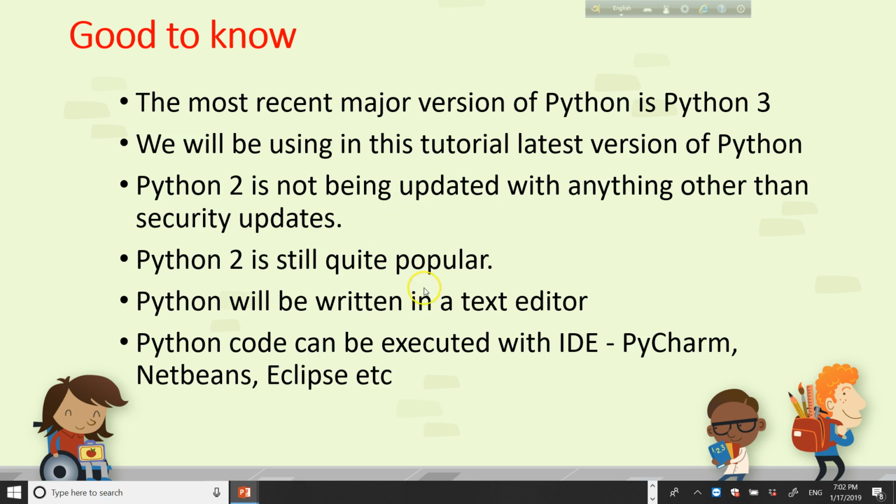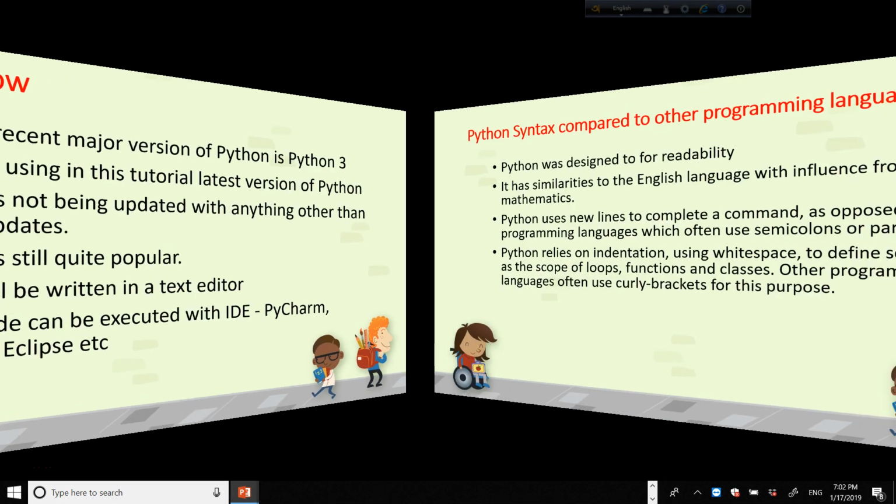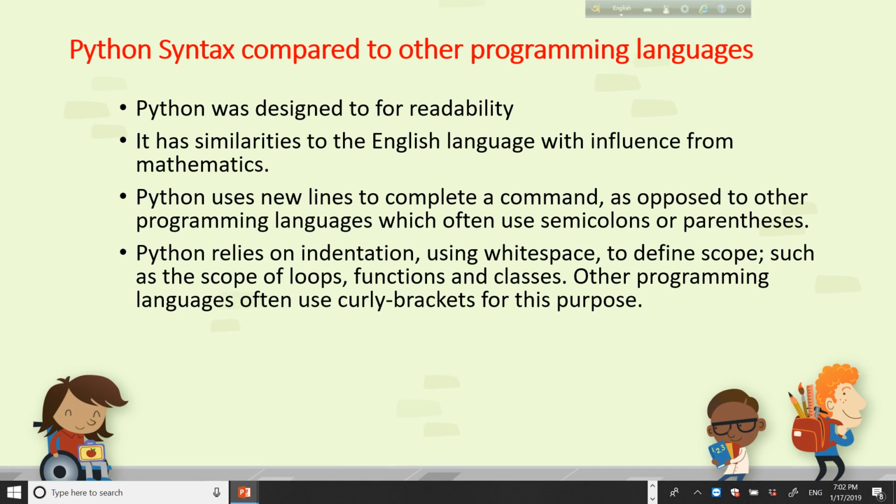Python can be written in a text editor, and Python code can be executed with an IDE. In the last class I told you IDE means Integrated Development Environment. It can be PyCharm, NetBeans, Eclipse, and some more. Now, Python syntax compared to other programming languages is very simple, very short and sweet.